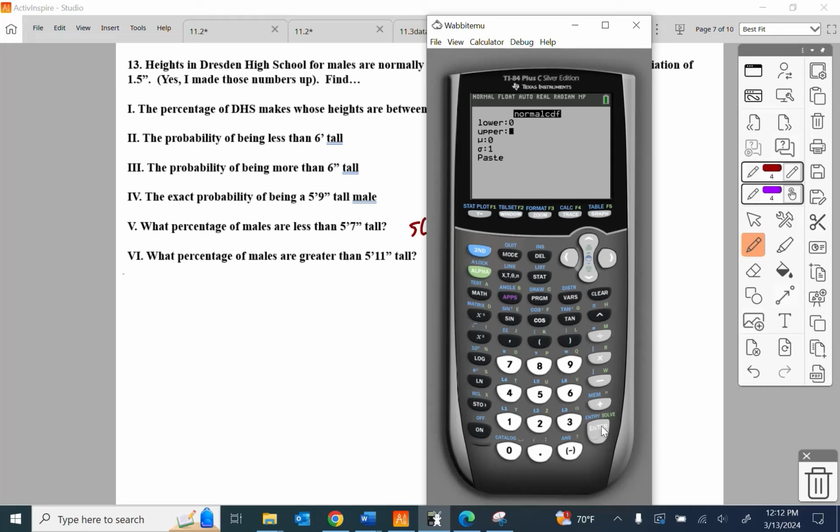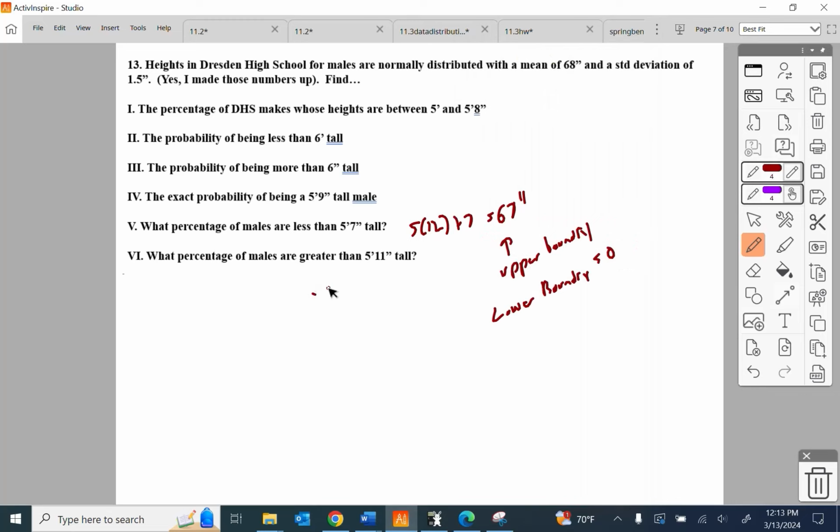That one actually had the suggestion. Upper boundary of 67. Mean of 68. Standard deviation of 1.5. I expect this to be a good chunk, 40% plus. Oh, I was wrong. 25.25%. I thought it'd be higher than that.